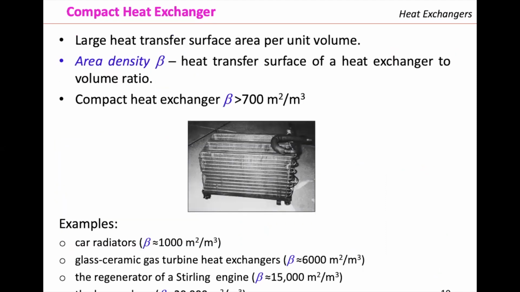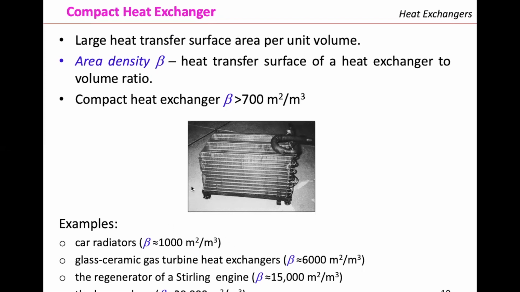The compact heat exchanger, this is another type of heat exchanger, has a large heat transfer surface area per unit volume. And in this case, we have a variable that helps us to describe this type of heat exchanger, and it is the area density, or beta. That is the ratio of the heat transfer surface of a heat exchanger to its volume.